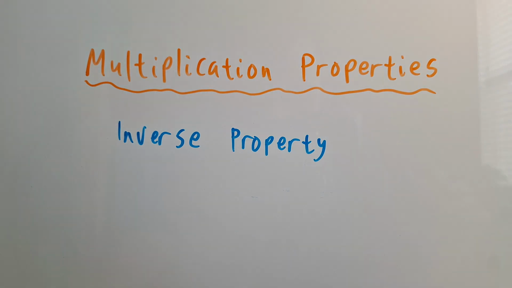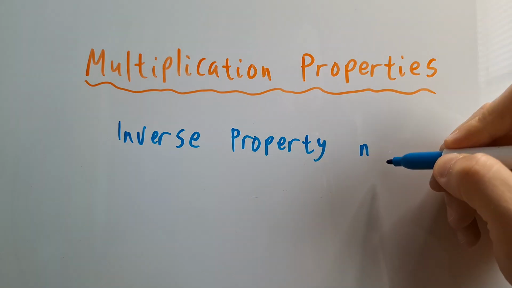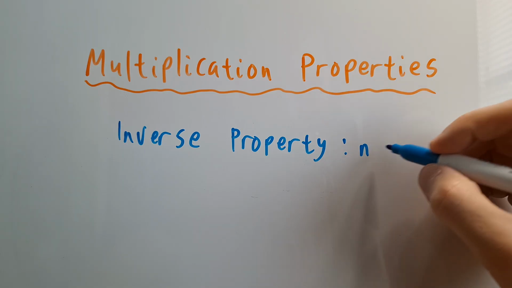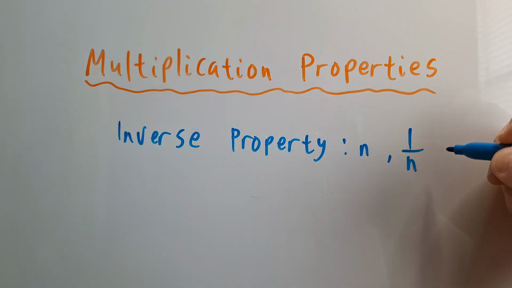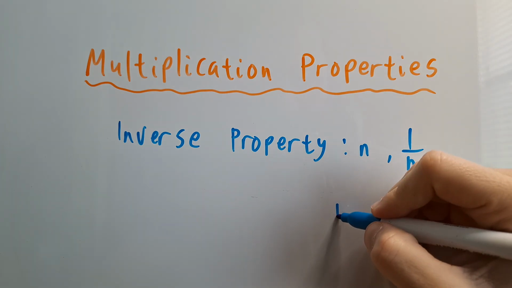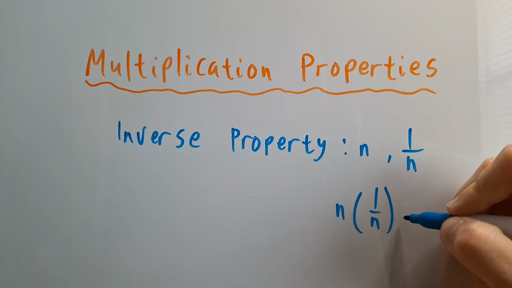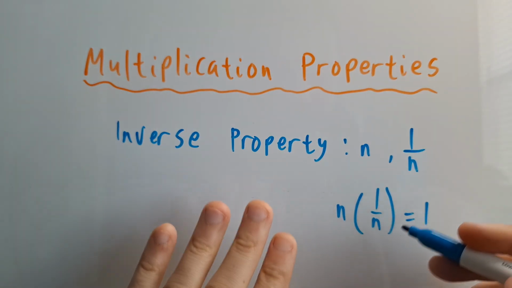For every non-zero real number, and I'll call it n for this case, there is a multiplicative inverse 1 over n such that n times 1 over n is equal to 1. So what does this mean?